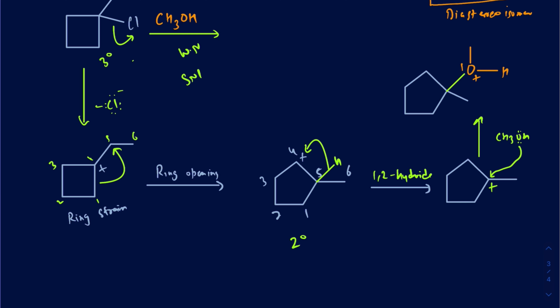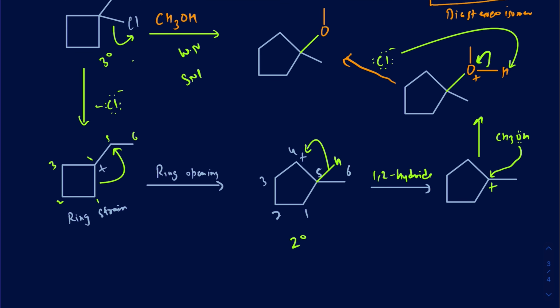One is hydrogen. Oops, not two charges. And then finally, I can go ahead and use my chloride to get this positive charge out, or get this proton retrieved. So that would be your final product.